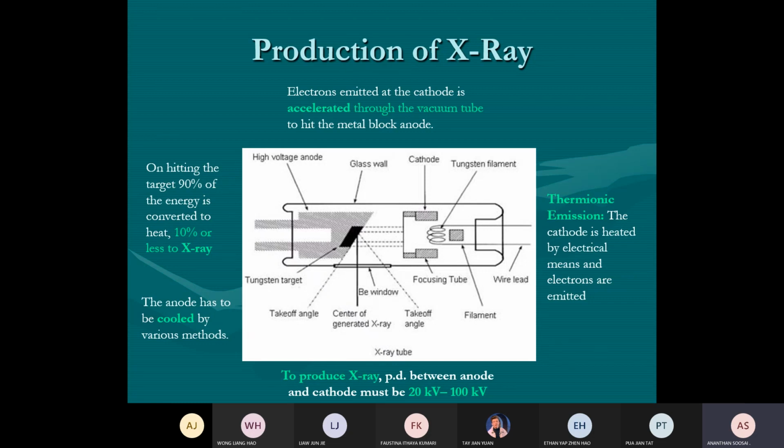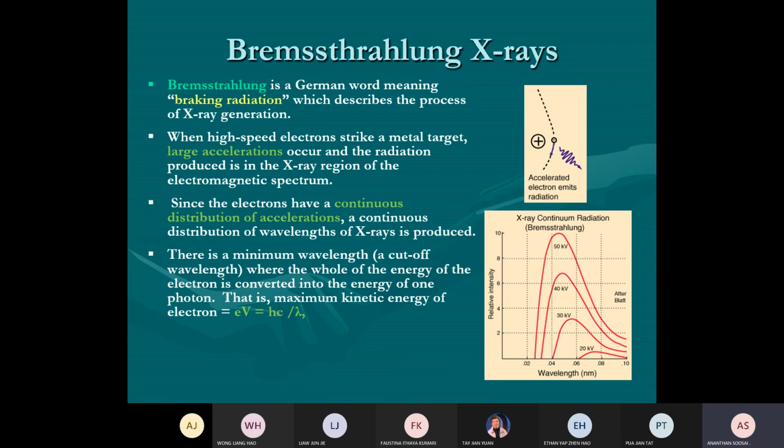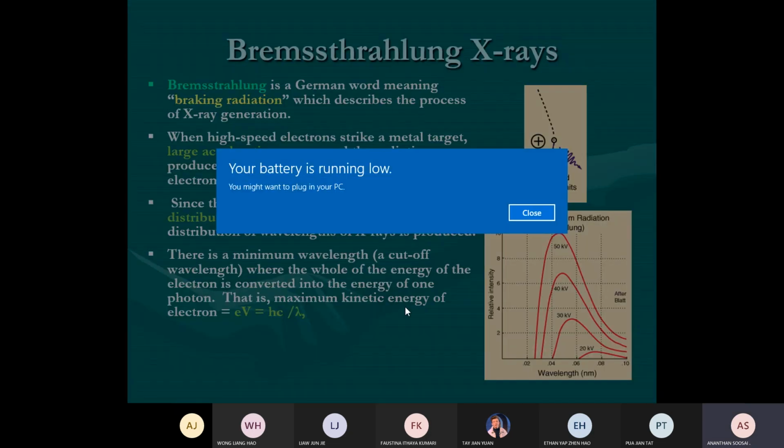The one that makes a head-on collision only gives up 1 photon. That 1 photon has lots of energy. Lots of energy means short wavelength, the shortest. So why is it called minimum energy? Oh yeah, it's minimum wavelength.